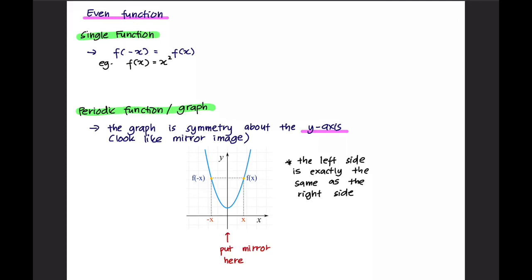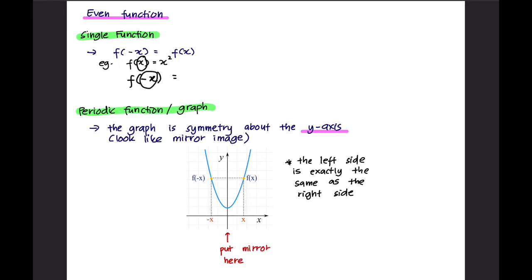Let's go into detail for each function. For an even function, f(-x) equals f(x). Look at this example. f(x) equals x squared. You substitute x here with negative x. So we have f(-x) equals negative x squared.